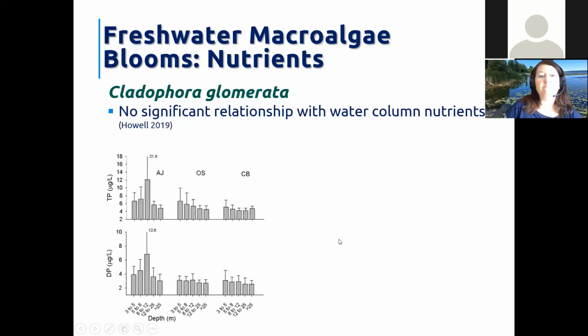However, more recent work by Todd Howell and others at Environment Canada, Todd's at the Ministry of Environment, Conservation and Parks. I have to always remember their name change. But basically, Todd's been working on Cladophora for decades, and he always scratches his head at why such high biomass eruptions in Lake Ontario in particular, when nearshore phosphorus concentrations are very low.